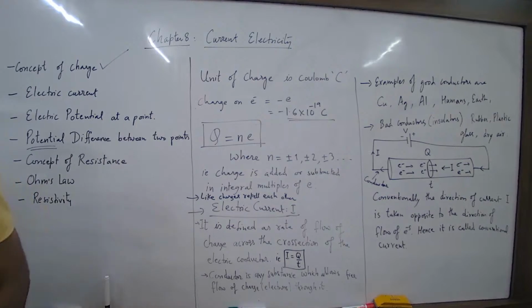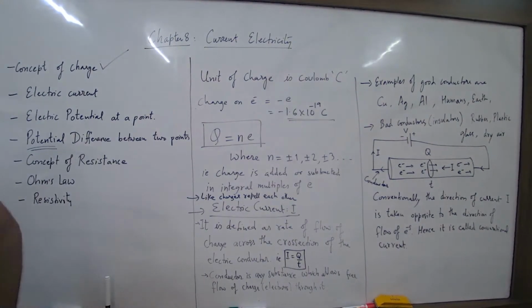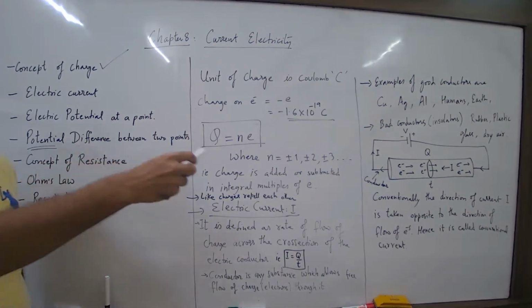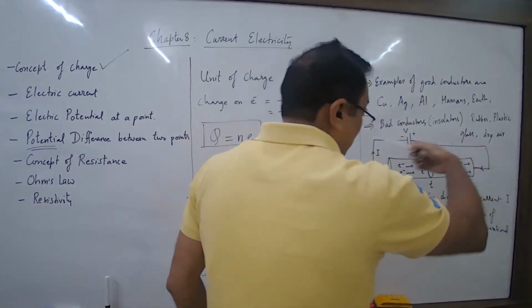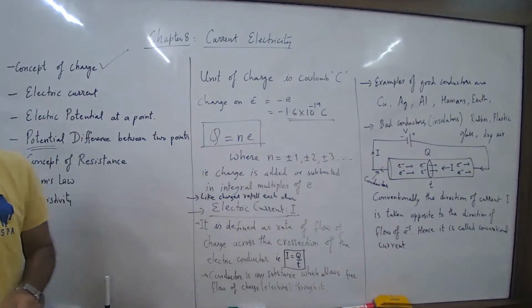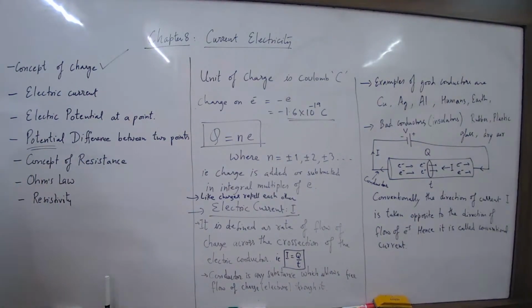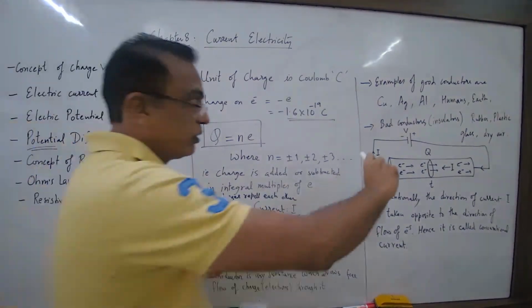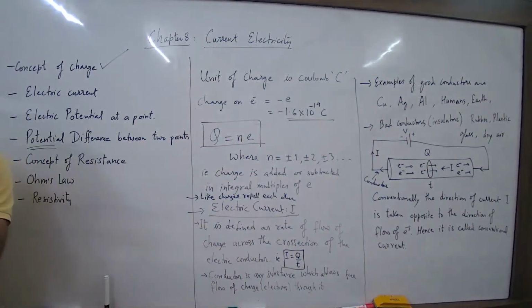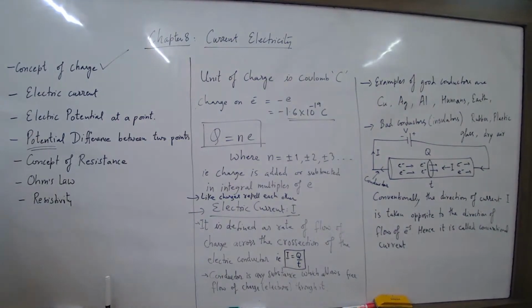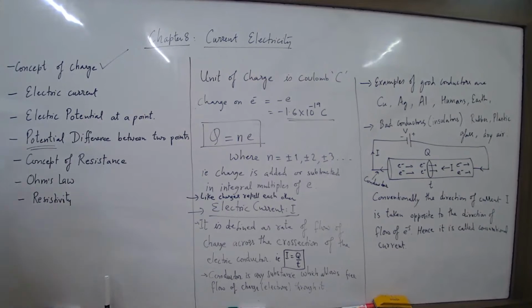Is it clear? Because here it is happening opposite: the electron is flowing from low potential to high potential. So by convention, we say the electric current is flowing from high to low, to match it with other natural phenomena. Okay, just remember it.